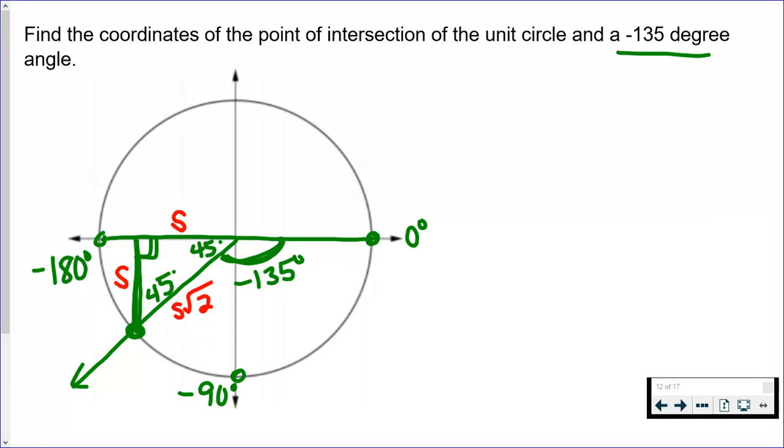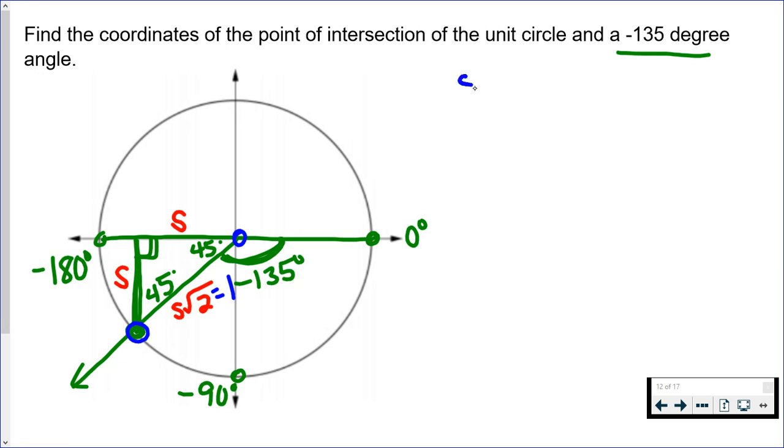Now, if you know anything about the unit circle, hopefully you know that its radius is 1. If I start from the center and I work my way to the point on the circle, I've gone a distance of 1, which means the hypotenuse must be 1.